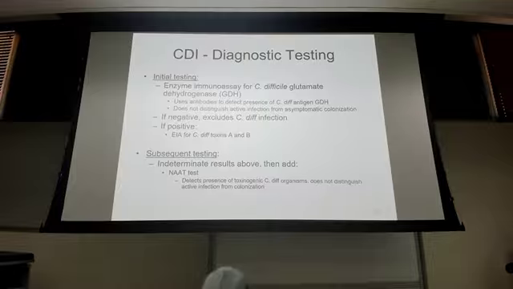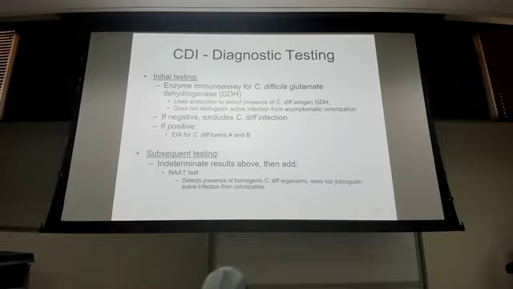Just because you have a positive GDH doesn't mean that you have active infection. It just means you have some colonization in the colon, or it could be that you have active infection. That's why we do more testing to confirm. If it's negative, though, it's not CDI. If the GDH is negative, it's not CDI. Move on, find another diagnosis.